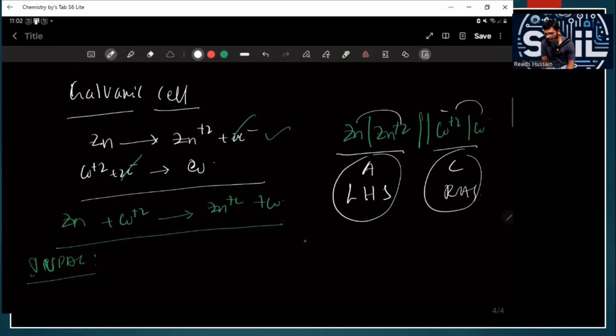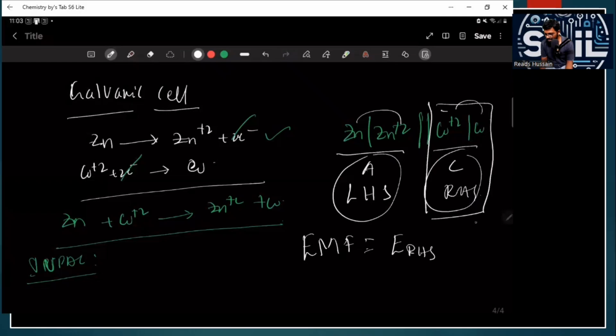Finally we have come across one formula: EMF of cell, electromotive force of cell, is equal to the electrode potential of RHS, the right hand side, which is the cathodic part, minus the potential of LHS. This minus this, that we have to take.